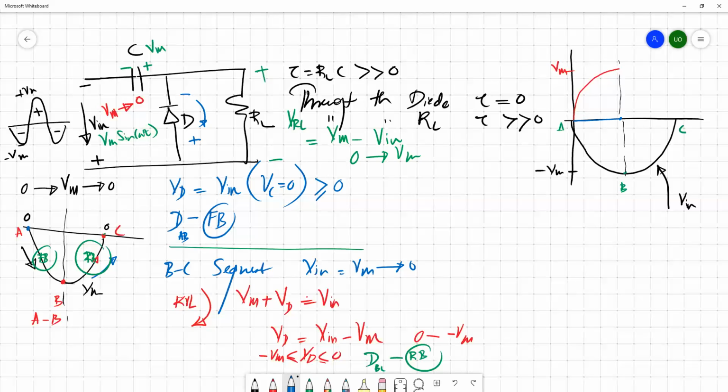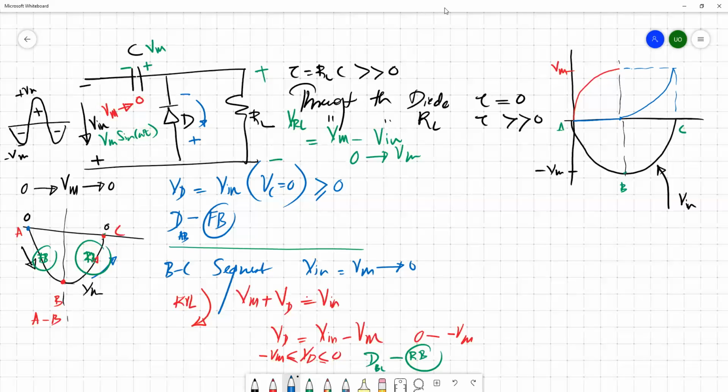Once it comes to this segment BC, which is reverse biased, the output voltage gradually moves to Vm. So it gradually moves to Vm. Okay.